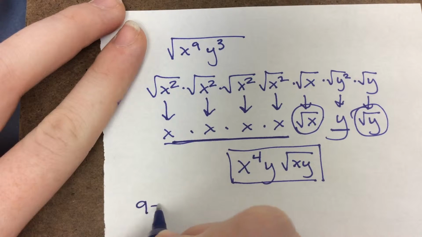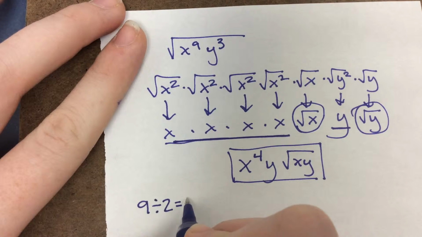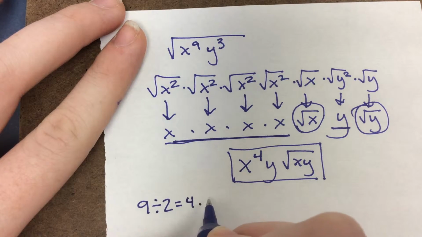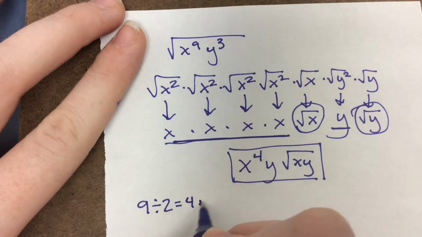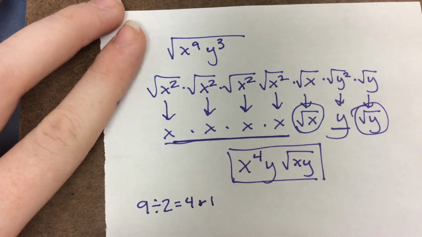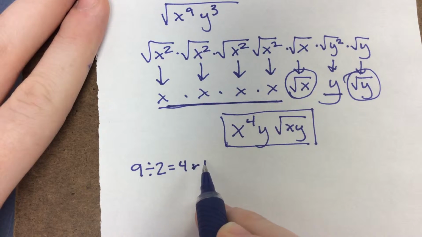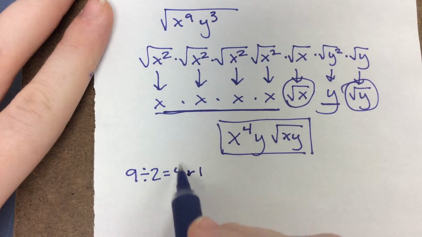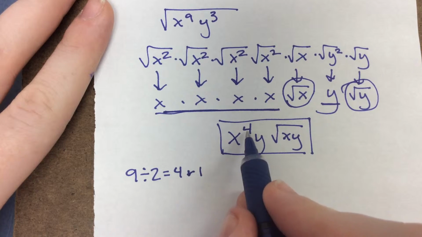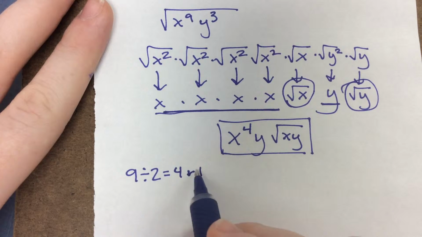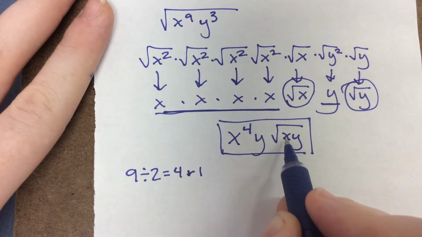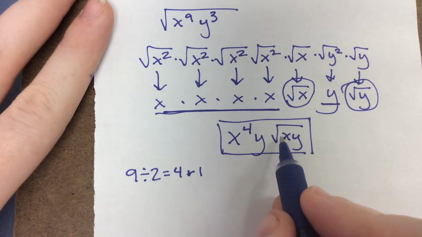Well, 9 divided by 2 is 4 with a remainder of 1. 2 goes into 9 4 times, and then there's 1 left over. Since it goes in 4 times, we have an x to the 4th. Since we have a remainder of 1, we have an x remaining in our square root.